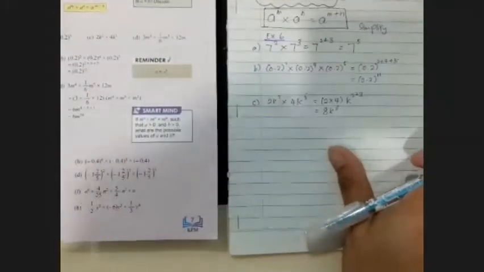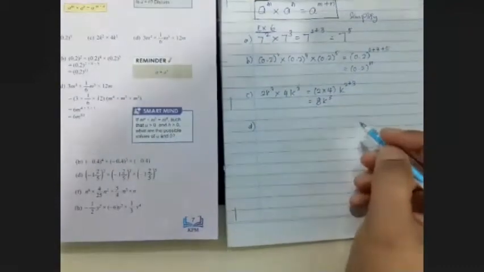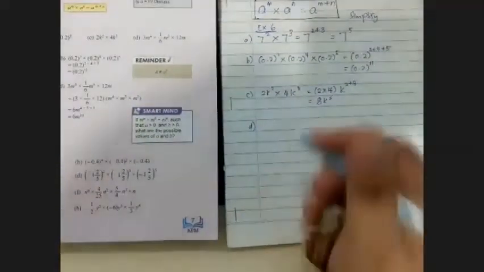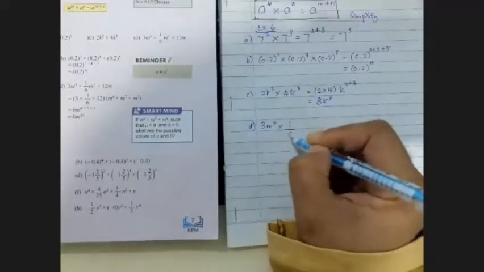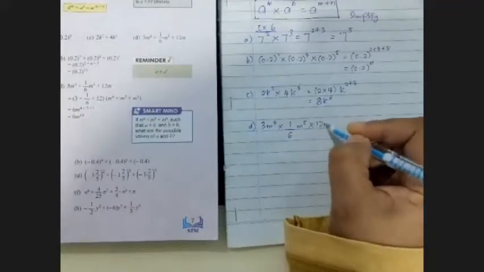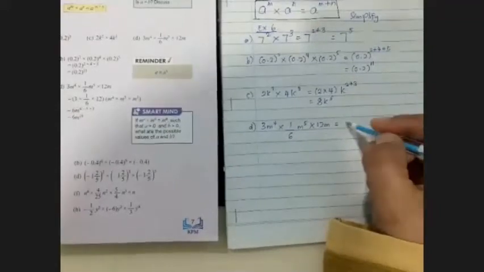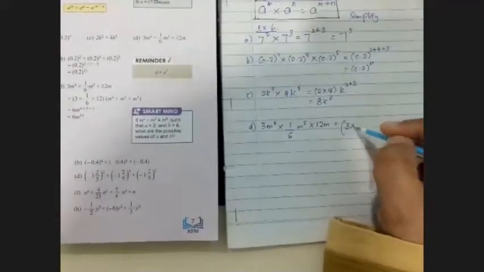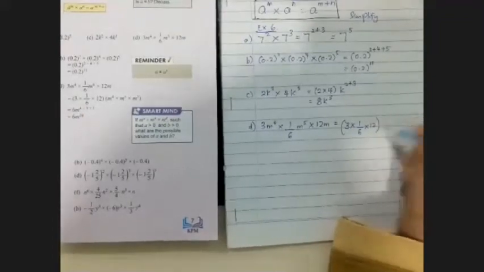The last example in example 6, D. 3m power of 4 multiply 1 over 6 m to the power of 5 multiply 12 to the power of m. Okay, we solve the coefficient first: 3 multiply 1 over 6 multiply 12.